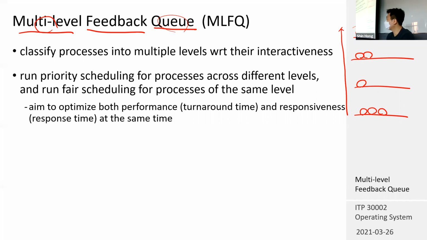For what? To provide better responsiveness. So achieving both performance and responsiveness at the same time is the goal of the multi-level feedback queue, which is our desire when we operate the system. We open up some web browser or PowerPoint, Office suite kind of programs that involve human interaction.